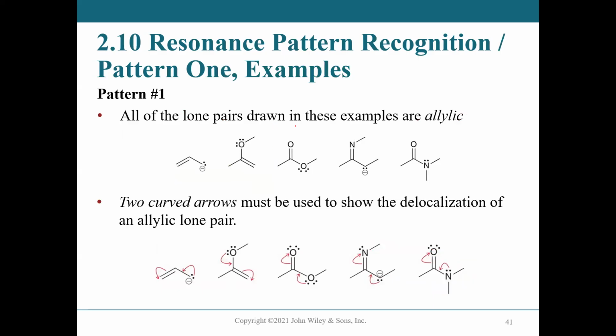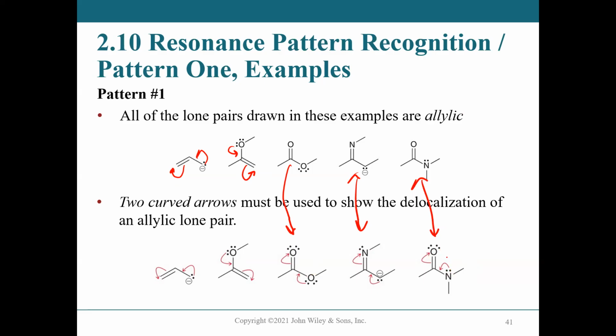It says all the lone pairs drawn in the examples are allylic. We could put it here, and then this could come here. We could go here, and then this could come here. So you can see how this can work. And they actually show it to you right here. So they're showing you the resonance between the 2 structures.